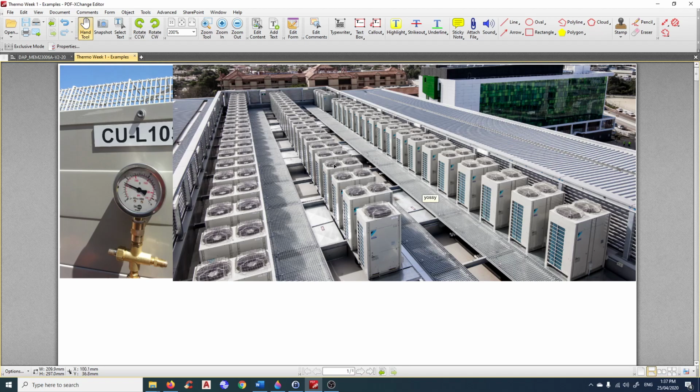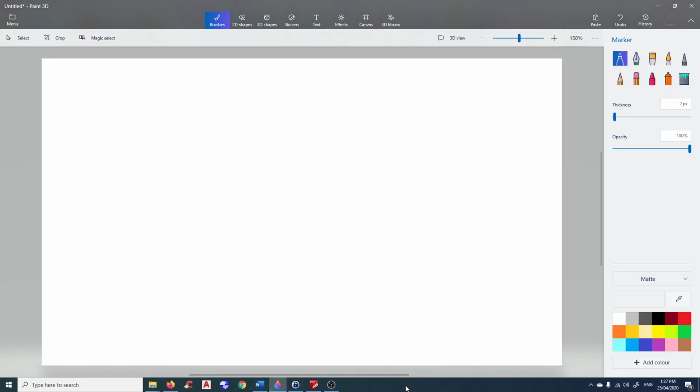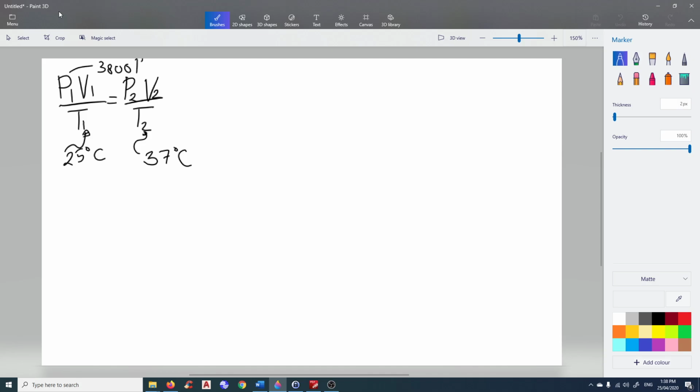This is where the perfect gas law comes in, because according to the perfect gas law, P1 V1 over T1 equals P2 V2 over T2. So for example, when you come to pressurize in the morning, it was 25 degrees Celsius ambient, and 48 hours later, you come in the afternoon, just after lunch, the temperature is 37 degrees Celsius. P1 here was 3800 kPa.